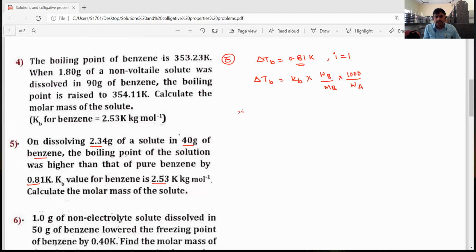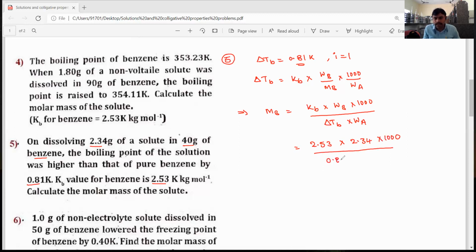Now you just have to find out MB. MB is equal to Kb into WB into 1000 divided by delta TB into WA. Just substitute the values. Kb value they gave is 2.53, and the weight of solute is 2.34, into 1000 divided by 0.81 into the weight of solvent.